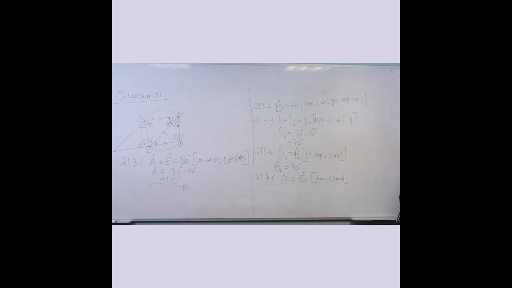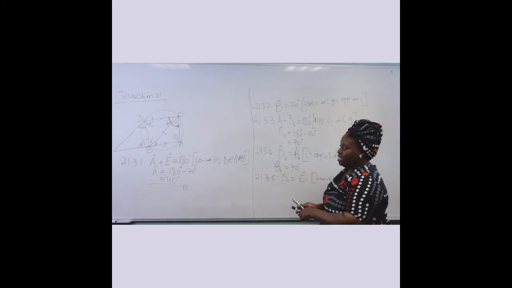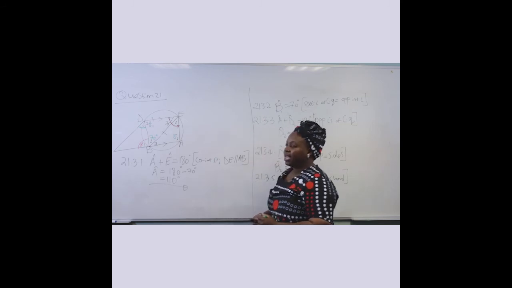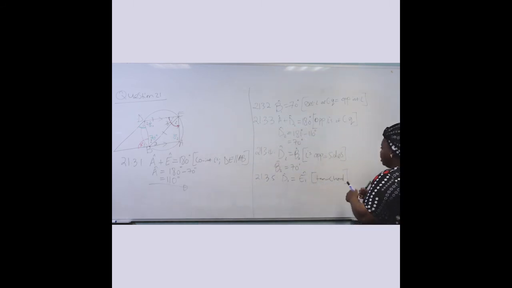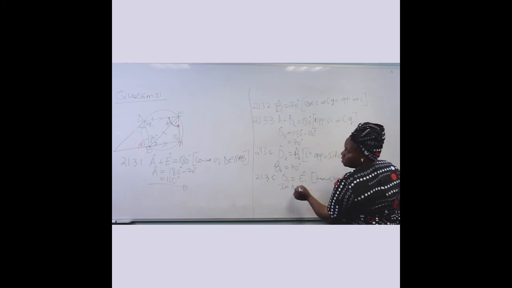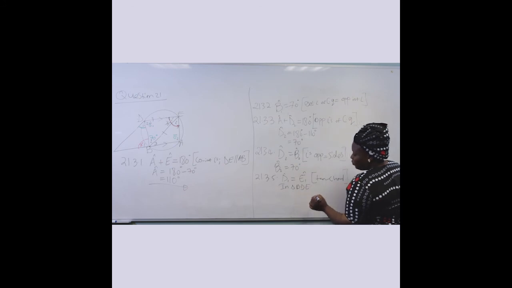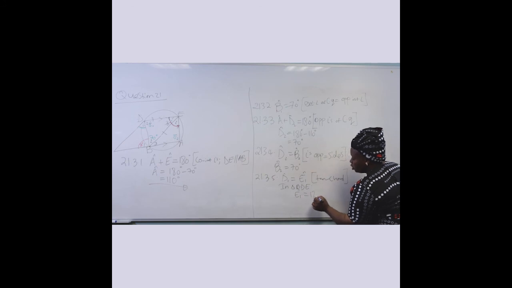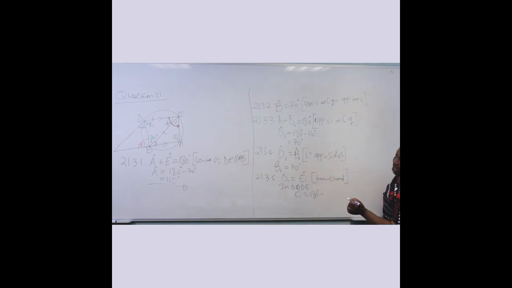Okay, now let's work it out. Remember, in triangle DEB, we already know that the angle B2 is also 70. So we are just looking at angle E1. So we can use that. Okay, in that triangle BDE, E1 is going to be equal to 180 minus 70 plus 70, which is 140.